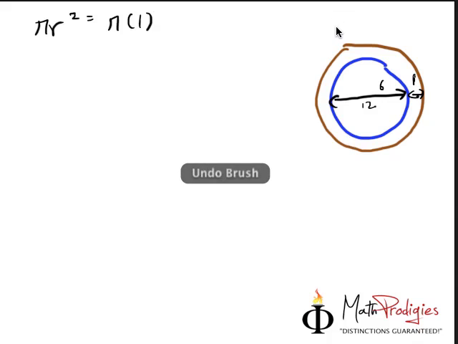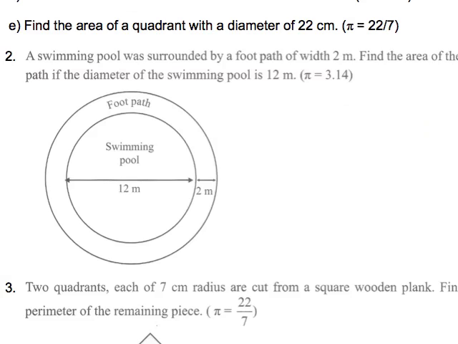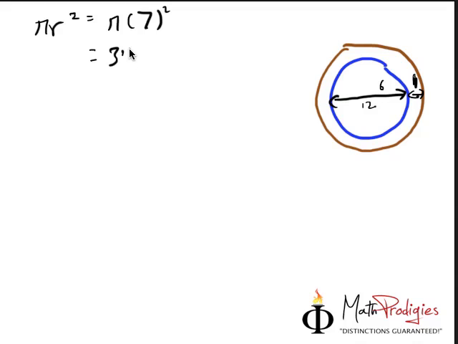So how do we do this? We find the area of the bigger circle minus the area of the smaller circle. In this case, pi what squared? 6 plus 1, you find the whole thing. So pi times 7 squared. We take pi as 3.14. So 3.14 times 7 times 7, which is 49. 3.14 times 49 gives me 153.86.